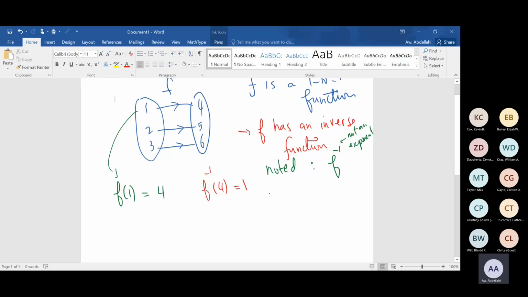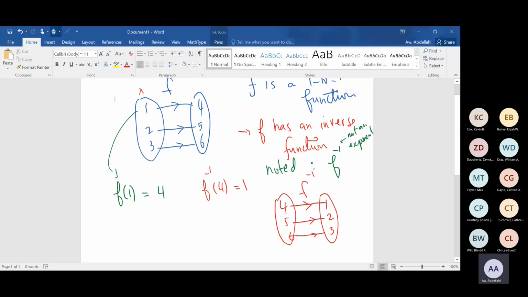What was an x here will be a y here. So if I want to do f minus 1, the inverse of f, everybody that was an x here will become a y here. It will be 1, 2, 3 here and 4, 5, 6 there. That is exactly the inverse function. So f minus 1 of 4 is 1.